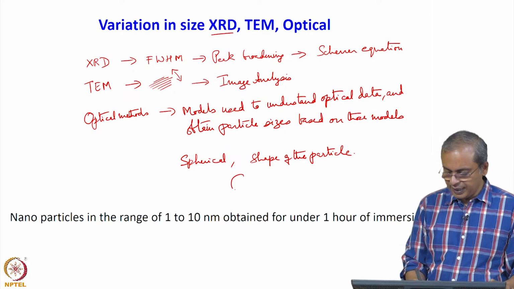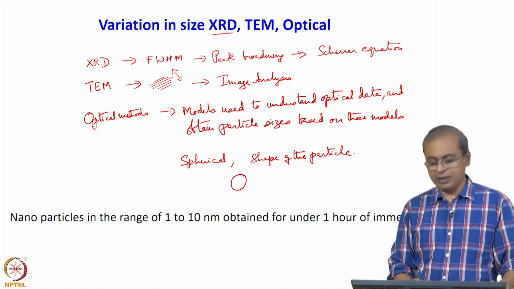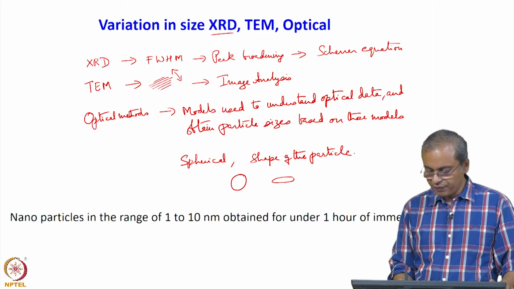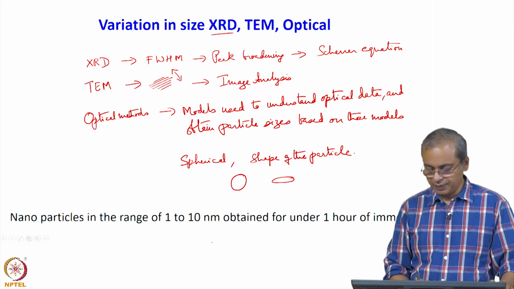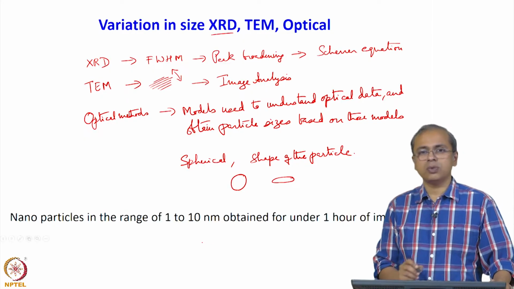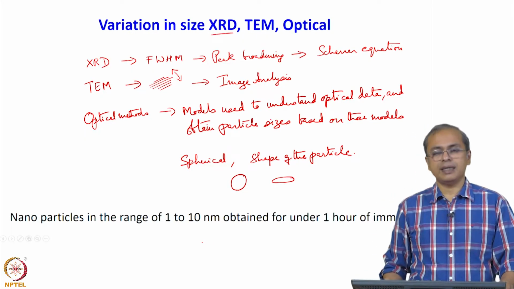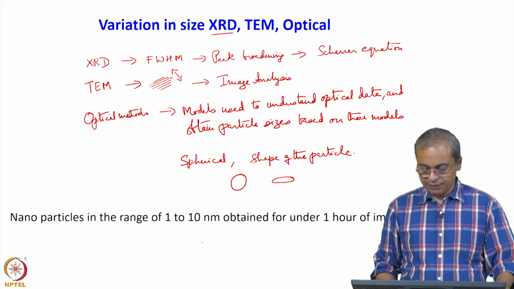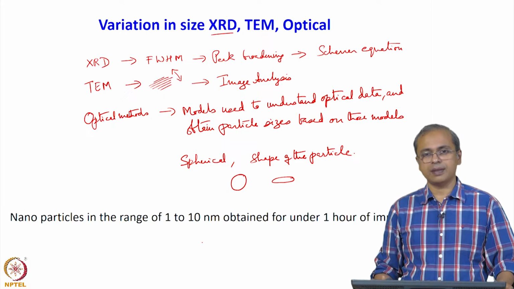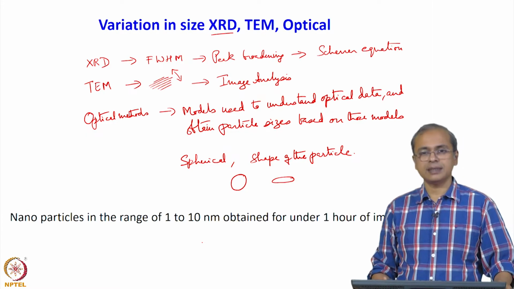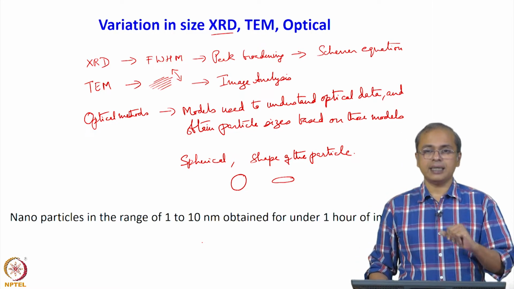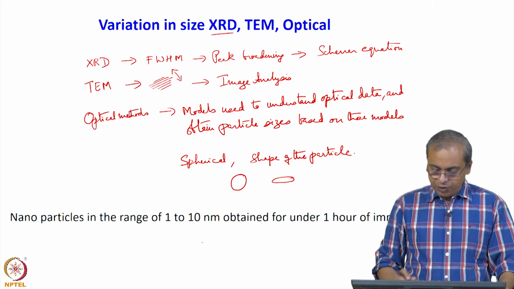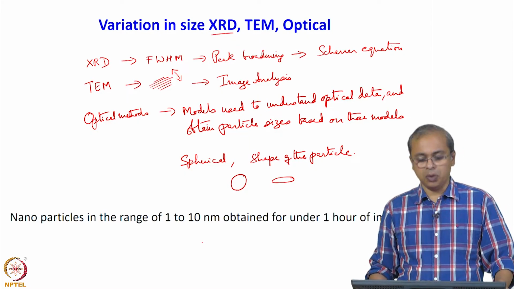So, if it is spherical, there will be some constant that you will have to use. If it is sort of ellipsoidal, you might have to use some other constant, and so on. So, there will be some constant there which you can vary, and then pick an appropriate constant that is correct for the aspect ratio of your particles, and then utilize that in the analysis. And if you do that, then you get answers that you can defend.